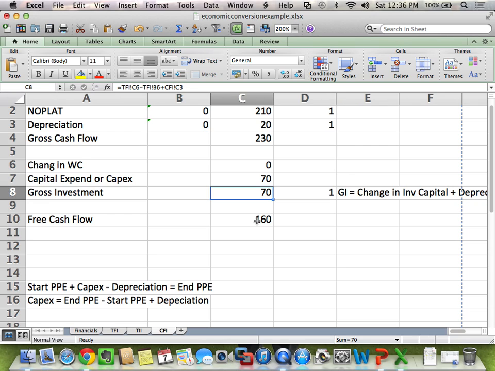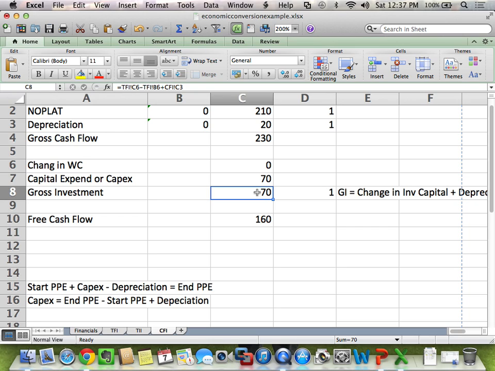So there are two ways to get to the same answer. One is what I call the shortcut method. What is the shortcut method? It's the change in the invested capital plus the depreciation. Where's the plus depreciation coming from? It's coming from the Capex. Why are we solving for Capex, and why are we not using the Capex that the accountants give us in the statement of cash flow?